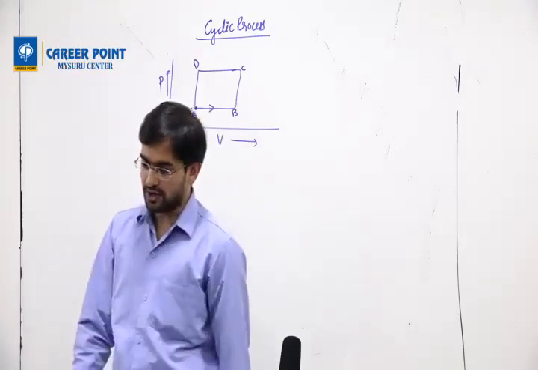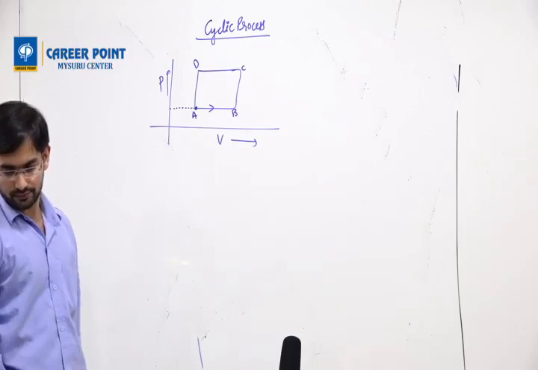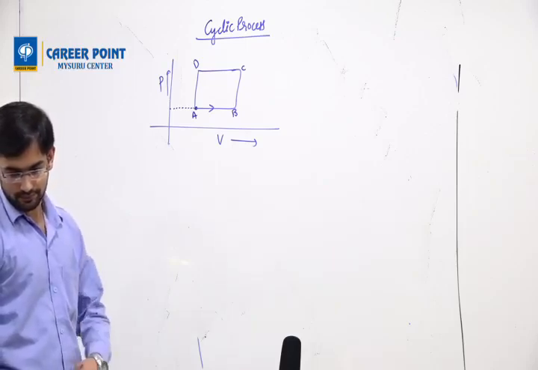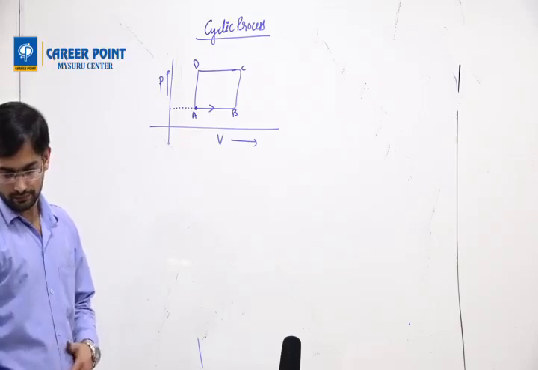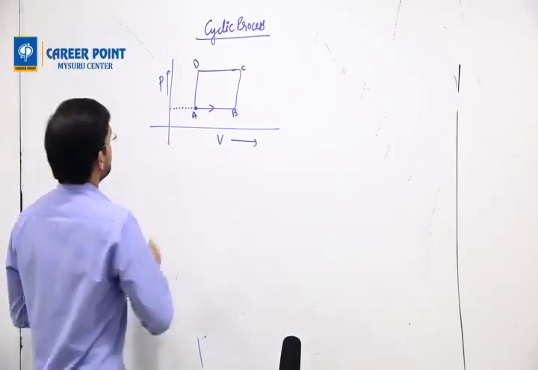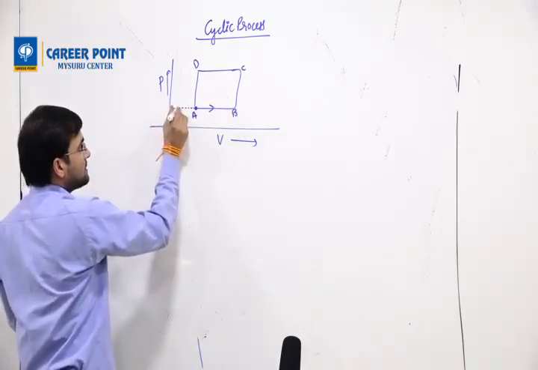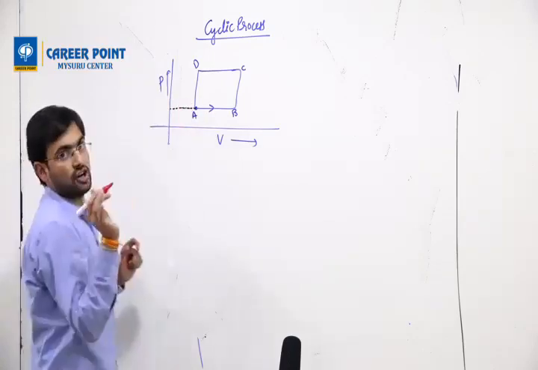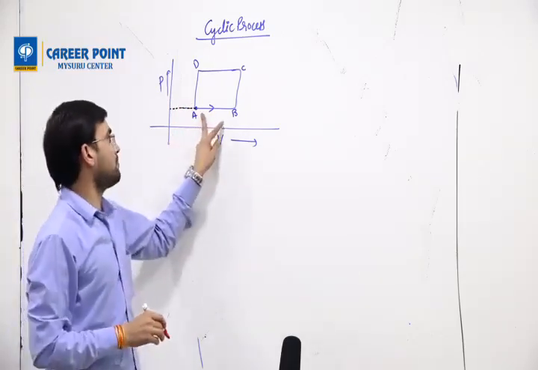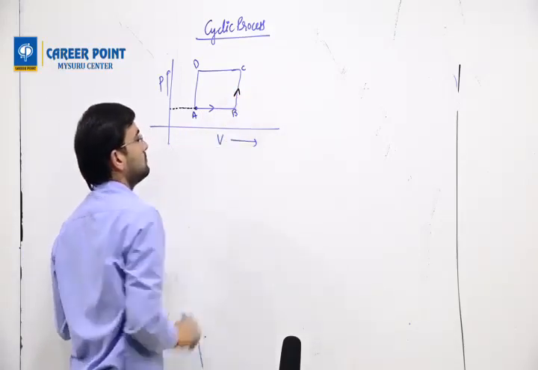Which one is A to B? We'll draw a line like this. At this line, what is constant? Pressure is constant, so that process is isobaric.